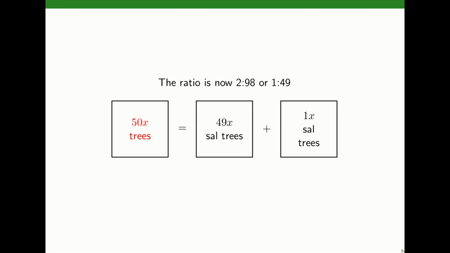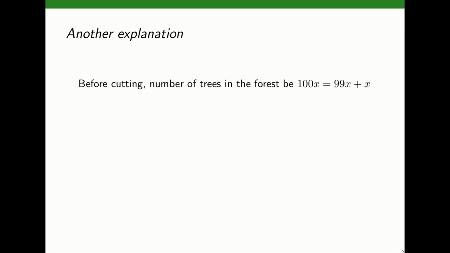As I have mentioned before, I have another explanation for you. Let's go through that. Before cutting, the number of trees in the forest is 100x, which is 99x sal trees and 1x other kind of trees.